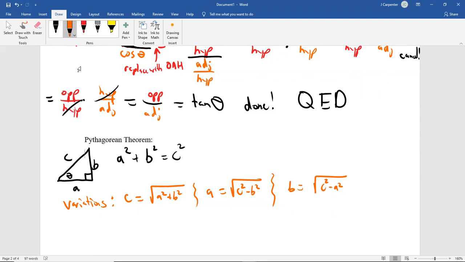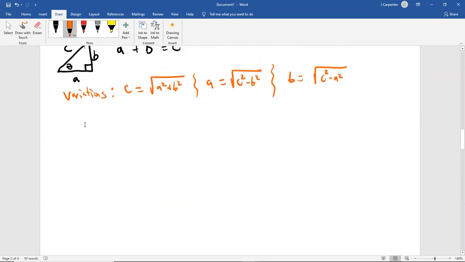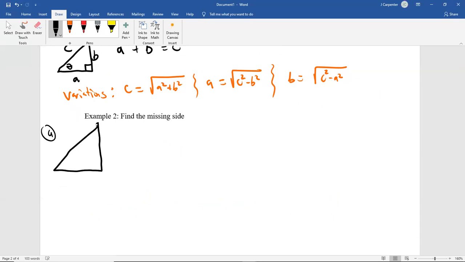So with that in mind, let's try out example 2. Find the missing side. And we'll have a right triangle with our angle being here, like I prefer generally.